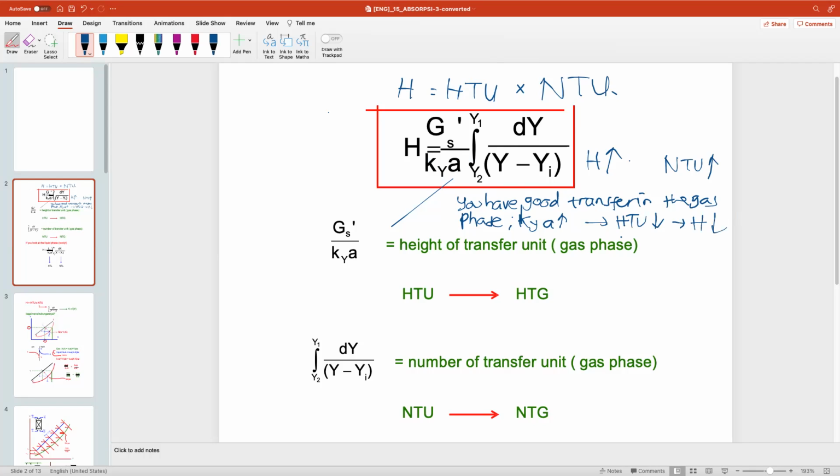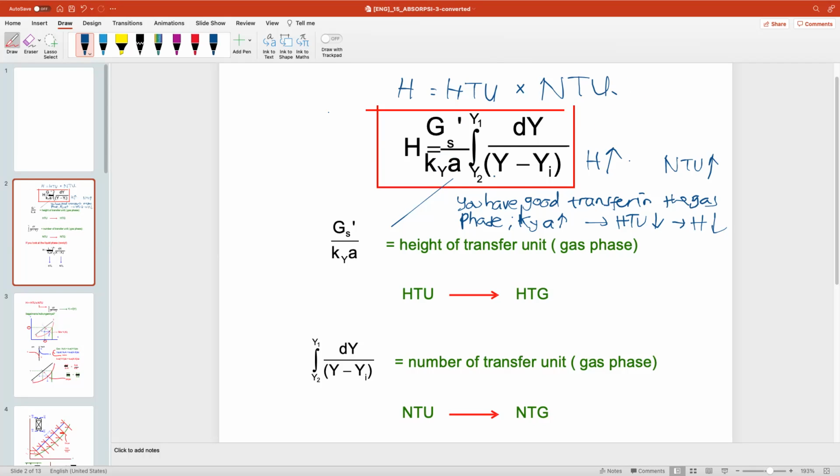So then you're going to need less packing and less height, which means lower capital costs. But this is a trade-off: a good packing is probably more expensive compared to a less efficient packing, but it results in a lower HTU.